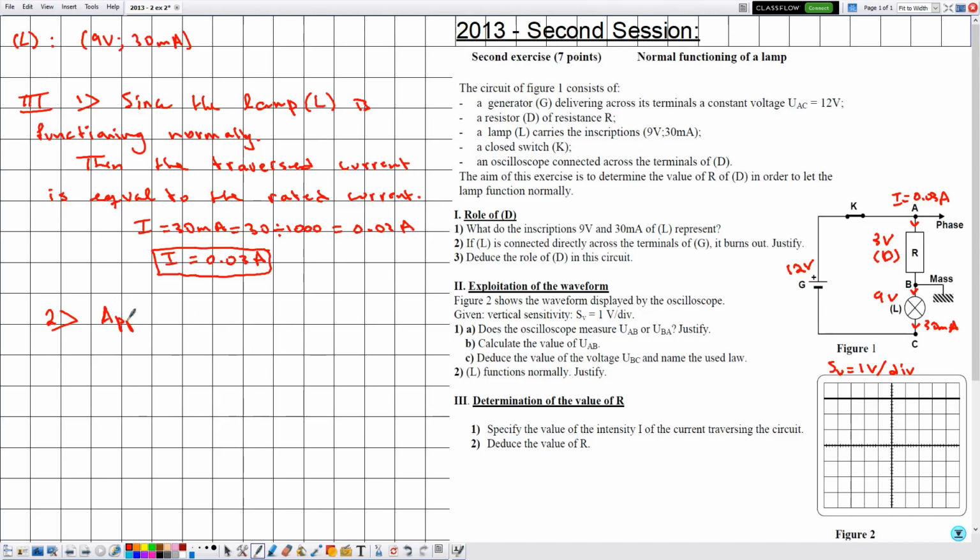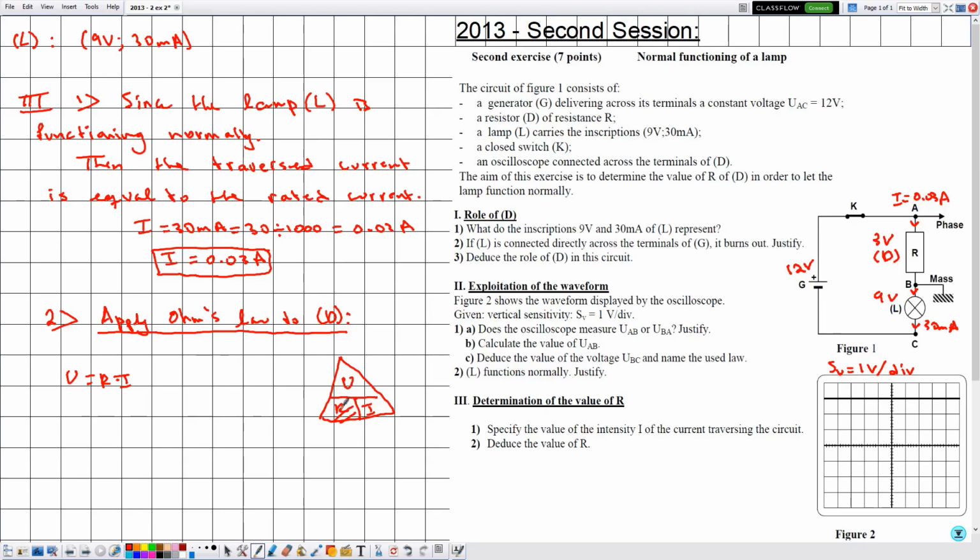Then apply Ohm's law to D, which is the name of the resistor. And this law is given by U equal to R multiplied by I. Then U at the top, R and I at the bottom.